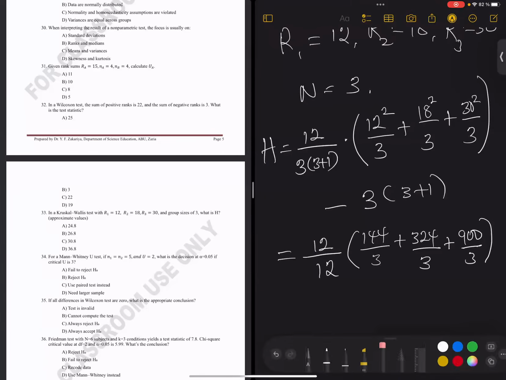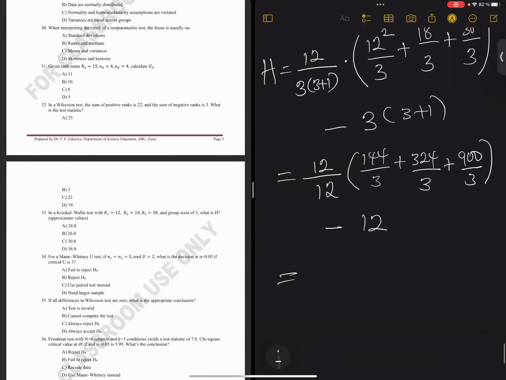Minus 3 plus 1, 4. 3 times 4 is 12, just put it there. So minus 12. 12 divided by 12 is 1. 144 divided by 3 is 48.